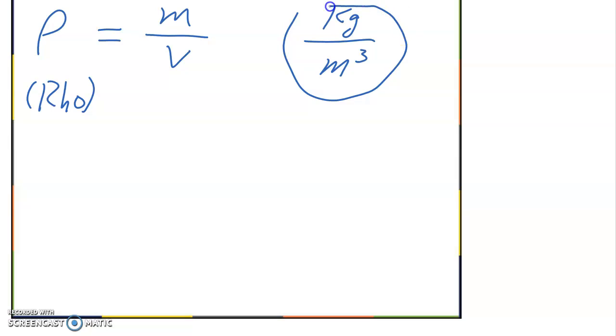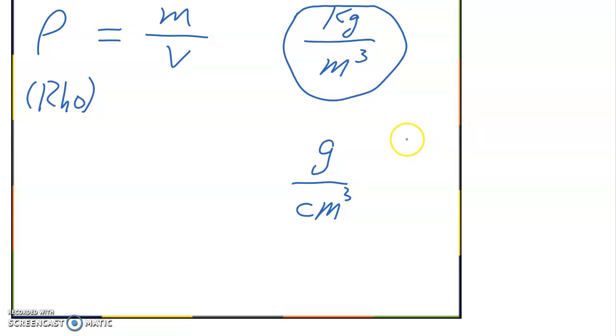So this is the SI unit for density. However, we do not use this very often in chemistry because when we measure the mass or the weight, we usually use a balance or a scale, and this will be in grams. As for the volume, you can use liter to match the SI unit, but we prefer to use cubic centimeter.